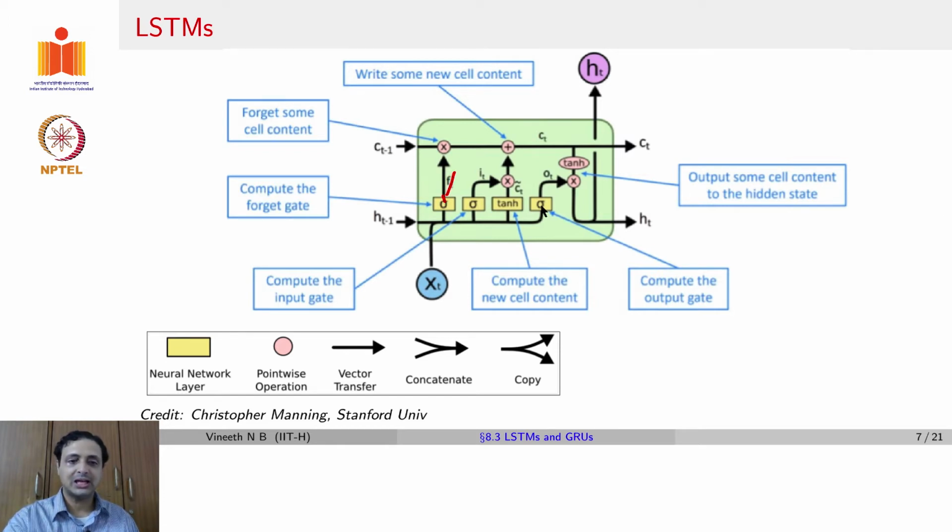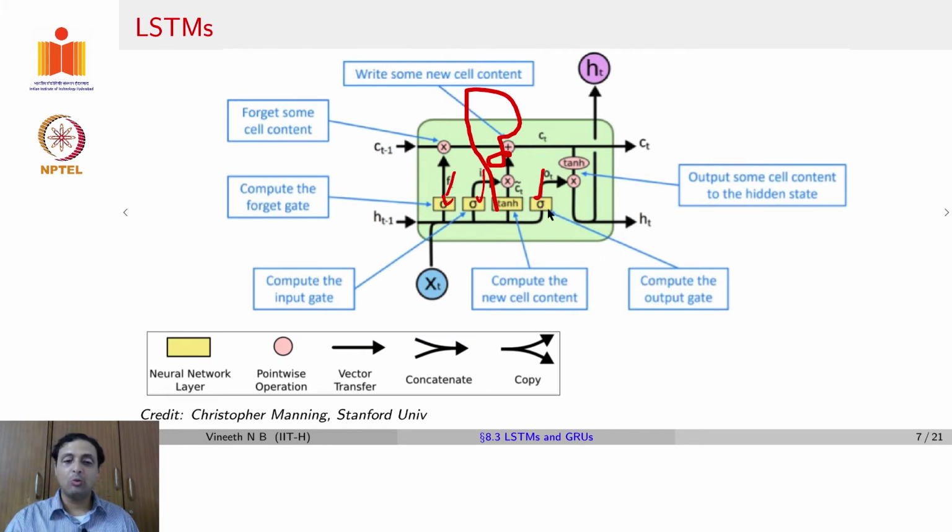So these ones are sigmoid activation functions, and the reason we use sigmoid here is because we want the output to lie between 0 and 1. So the input gate, along with a tanh activation function, decides how much of the input should be written and also adds that new cell content at the end. So that's what happens here.